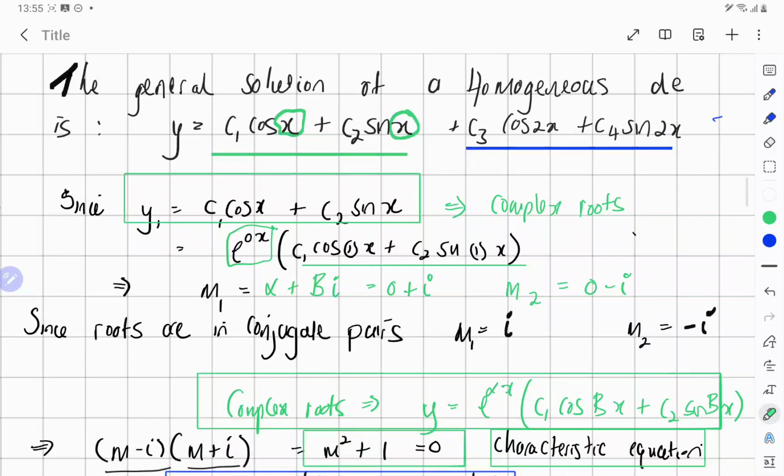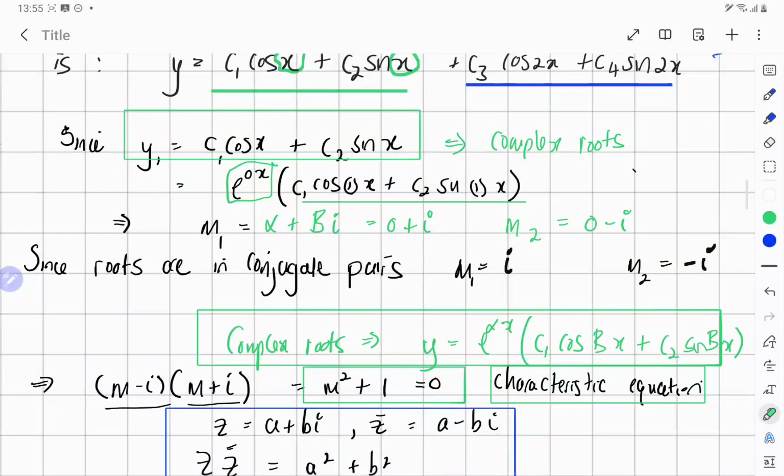So what we will do first, we will first of all do y1, the green part. We see immediately that we have our complex roots. Our complex roots will always be in the form e to the alpha x, c1 cos beta x, c2 sin beta x.